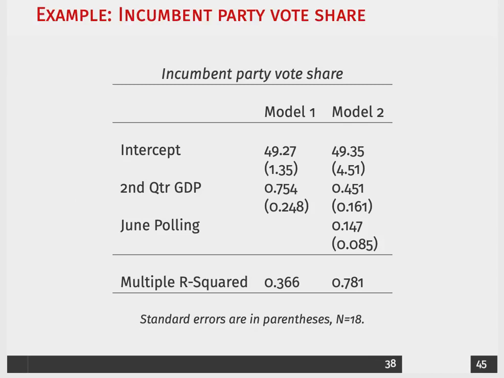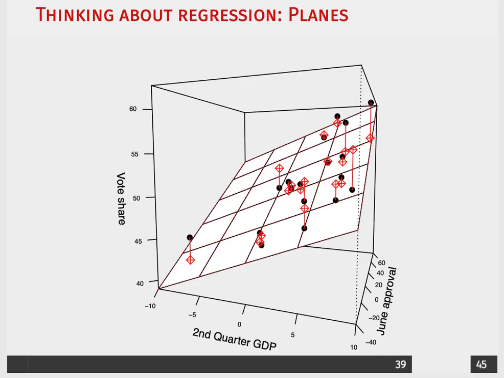And again, I've used this example before, going back to where we're interested in predicting incumbent party vote share, and we have two predictors, the second quarter GDP growth and June polling. We again are trying to fit one linear line through multiple dimensions, which inherently is going to adjust or alter the way that line is tipped.